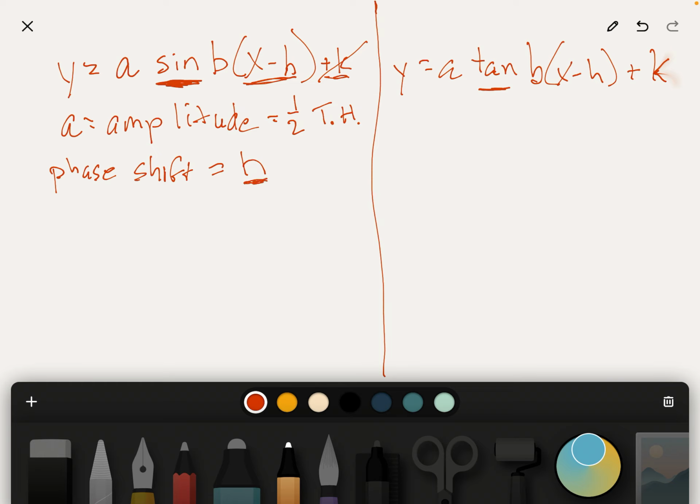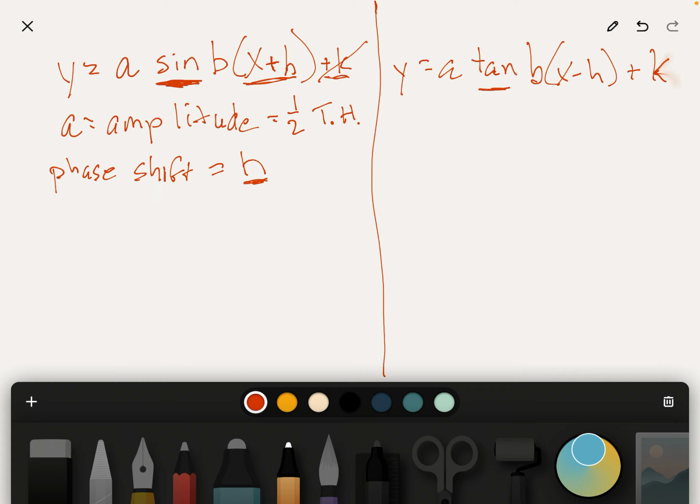But you could have a negative phase shift, in which case the two negatives would cancel out and the equation would look like that, x plus h.